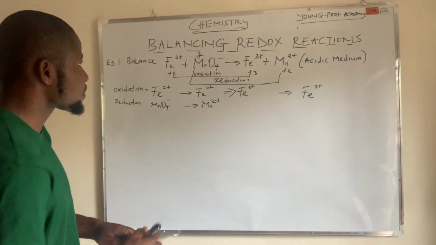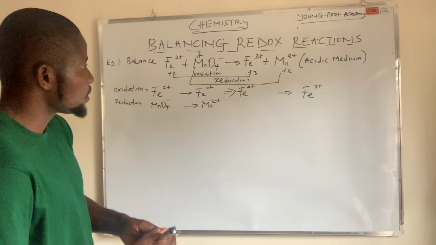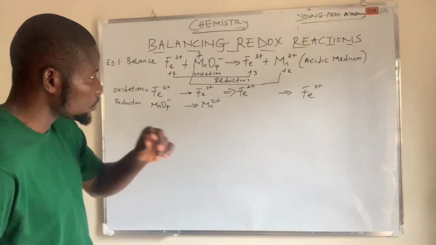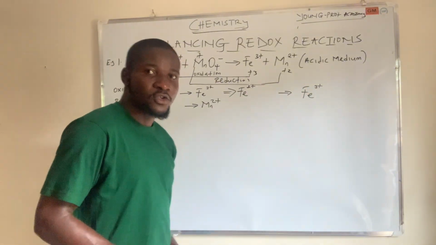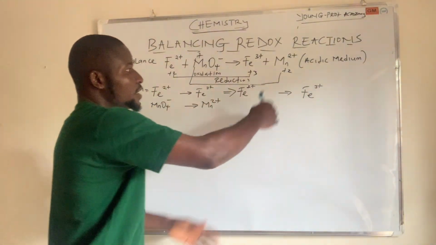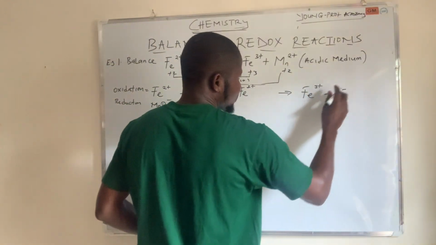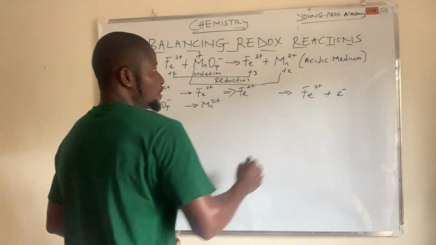Now if you look at this, the atoms of the iron are the same, but the charges are not the same, because here you have 2 positive charges, and here you have 3 positive charges. So you have to make sure that the charge here is equal to the charge there. So definitely you just have to add an electron here to balance the charge, meaning that 3 minus 1 electron is equal to 2. In this case, this is balanced.